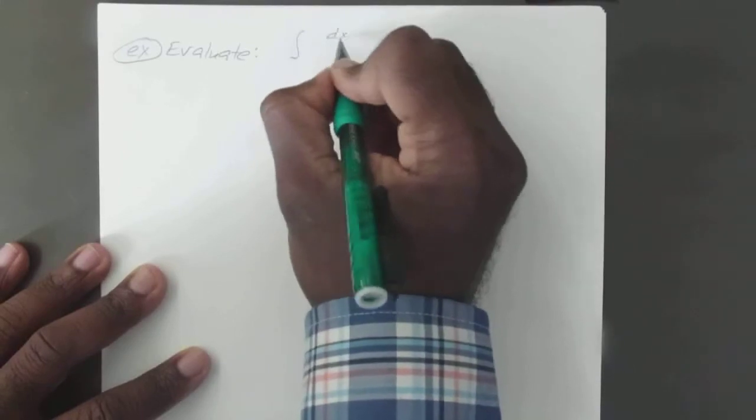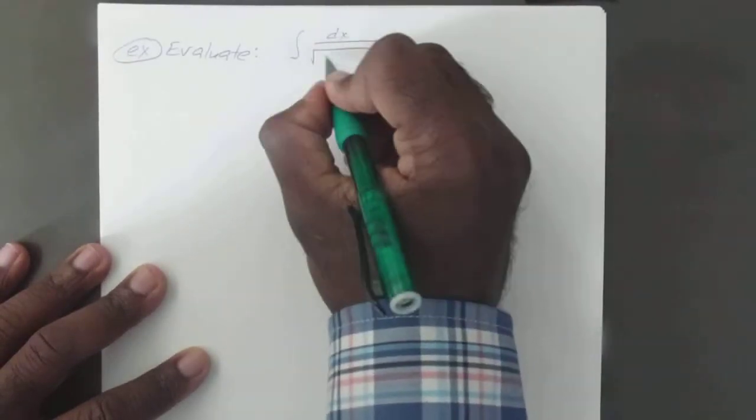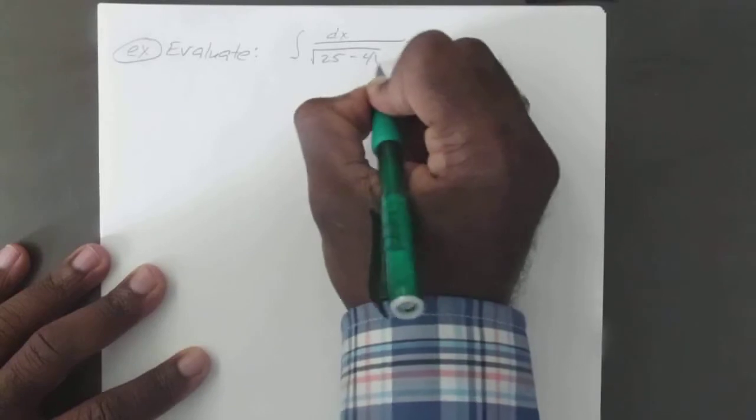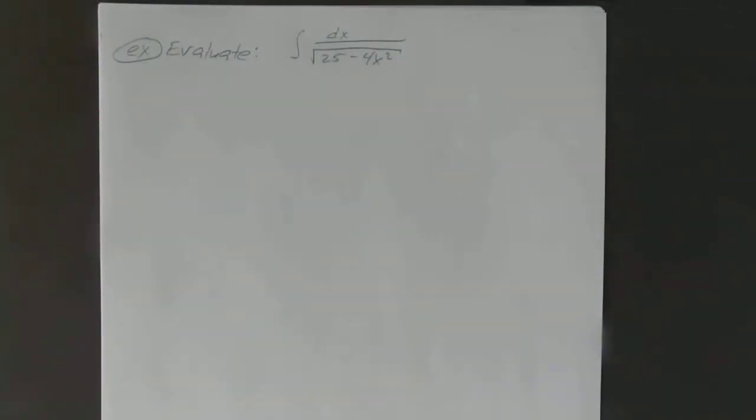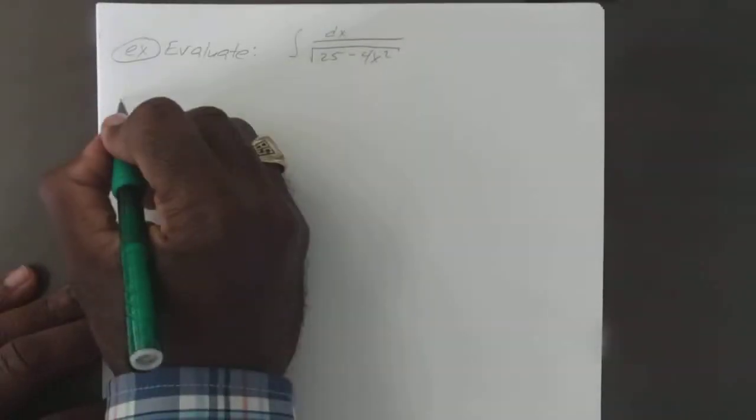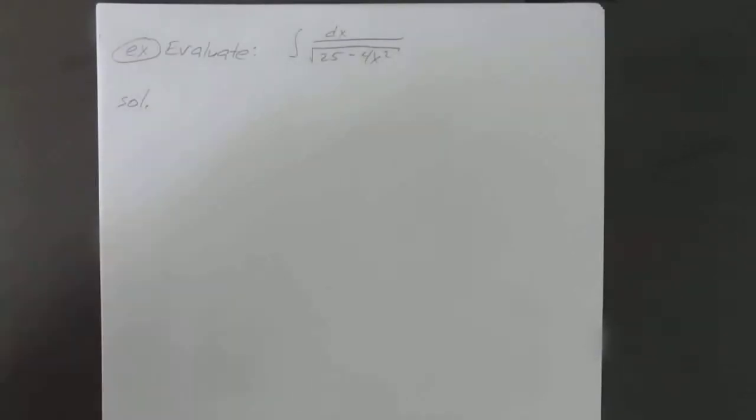Okay, so let's say, for example, we wanted to evaluate the integral of dx over the square root of 25 minus 4x squared.